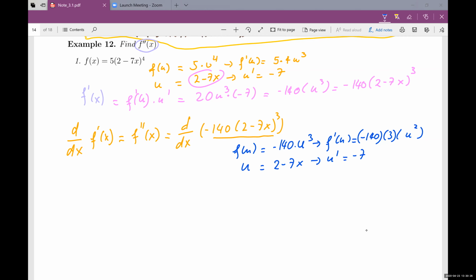Okay, so then the second derivative equals f prime of u times u prime. And f prime of u, which is found, is negative 420 u squared, times negative 7.